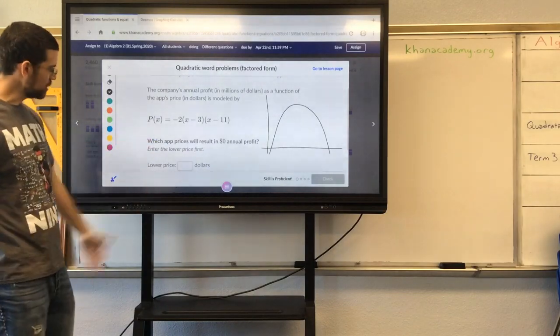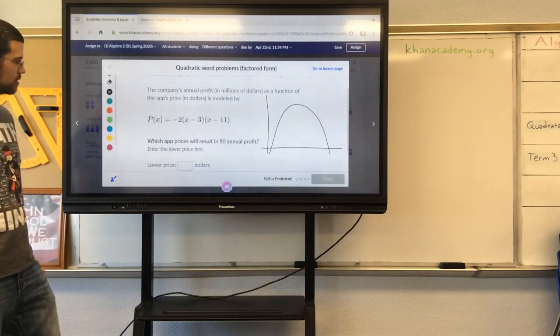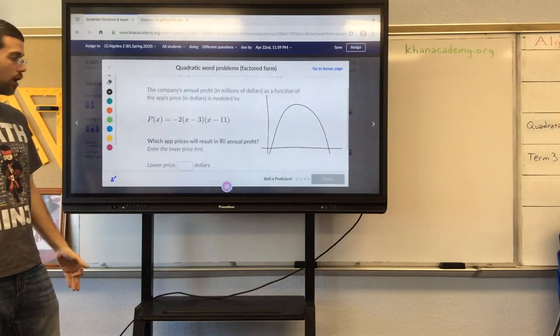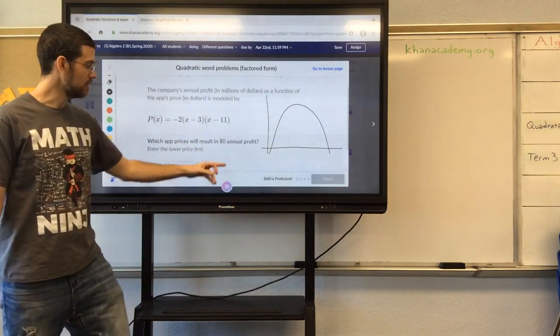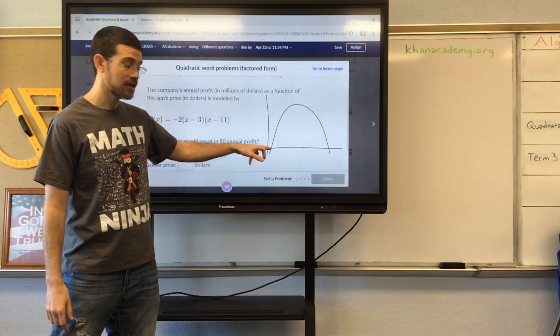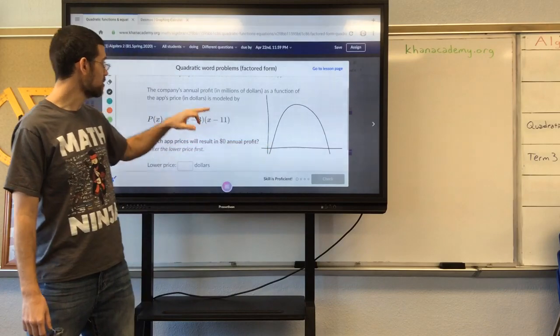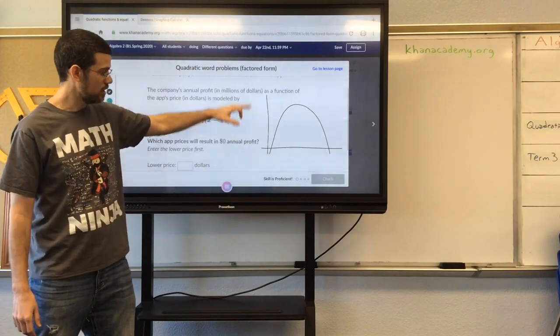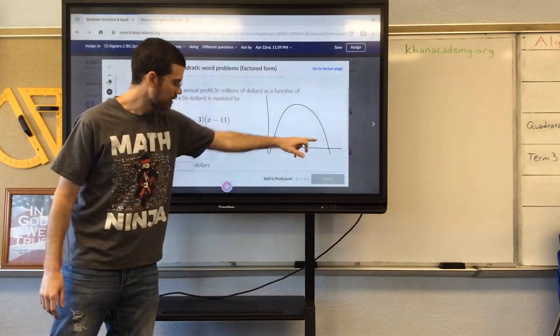Alright, now the question: which app prices will result in zero annual dollars of profit? So they're asking us about the points where we cross the x-axis, because on the x-axis our profit is zero. Our y-axis is zero when we're on the x-axis.